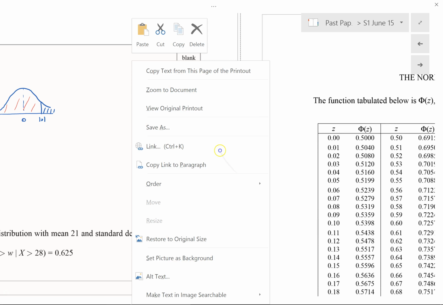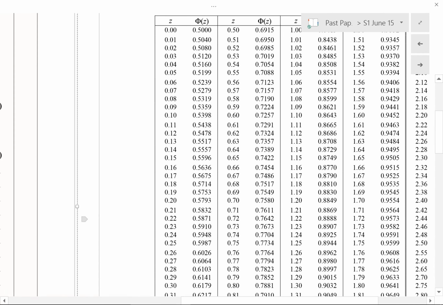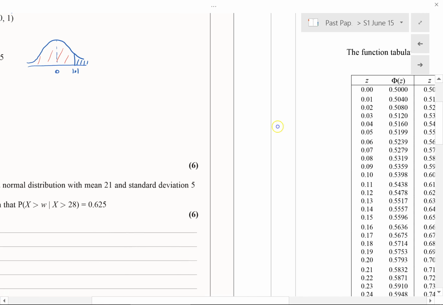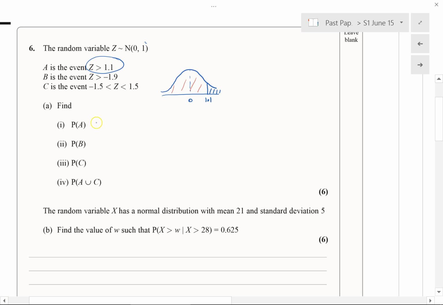I've got the tables here somewhere. If we have a look at it. That's not very good. I'm just not doing very well today. For 1.1, it's 0.8643. Okay, so P(A) is equal to 1 minus 0.8643, which is equal to 0.1357.